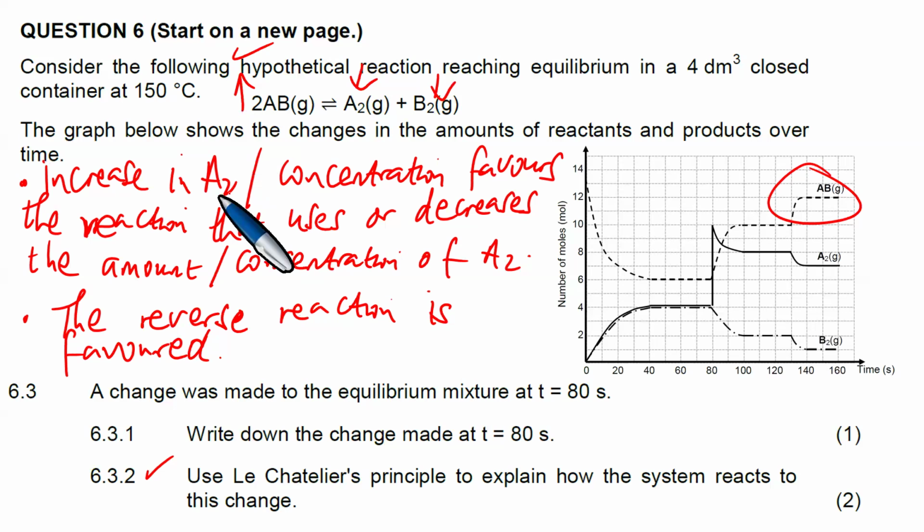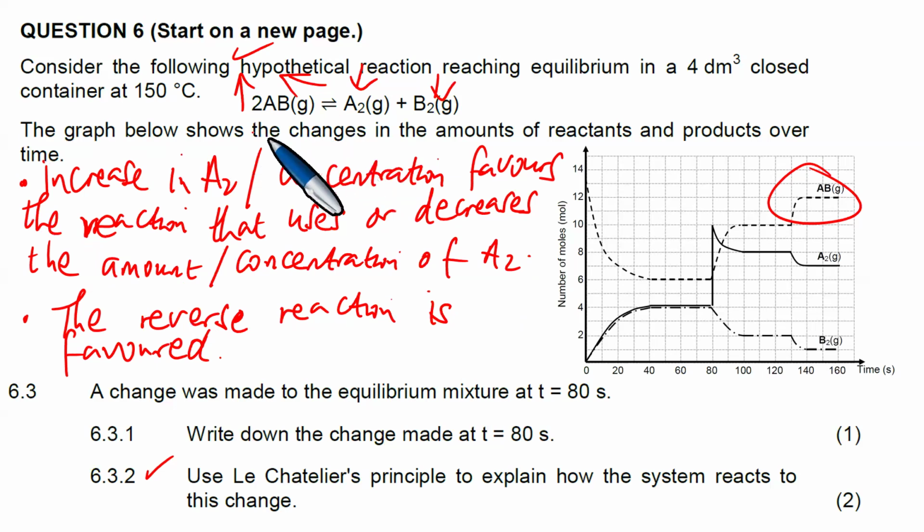An increase in the concentration of A2 would favor the reaction that decreases the amount of A2. And which reaction would decrease the amount of A2? It's the reverse reaction.